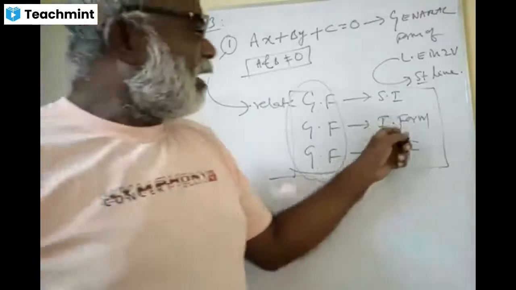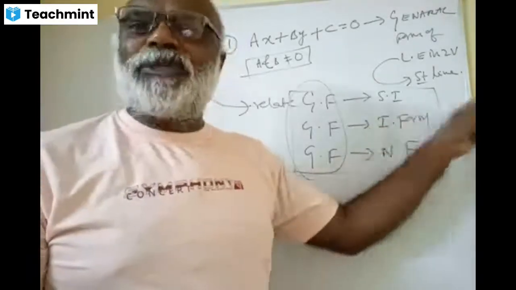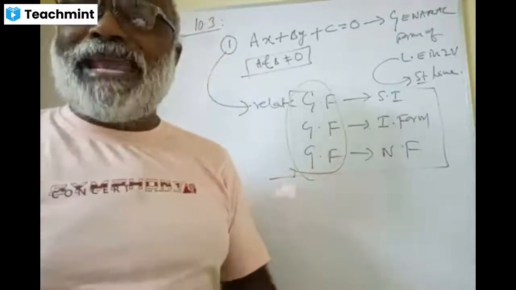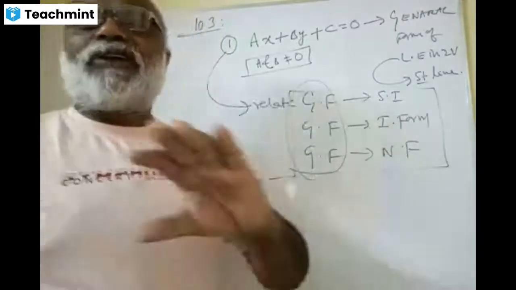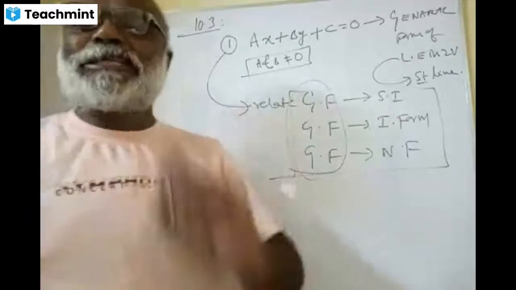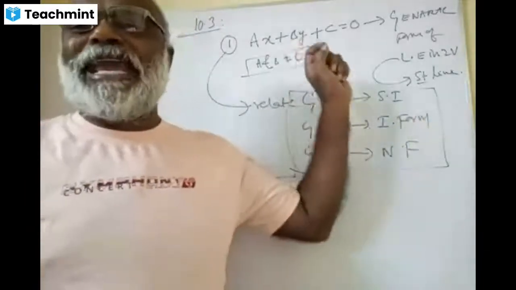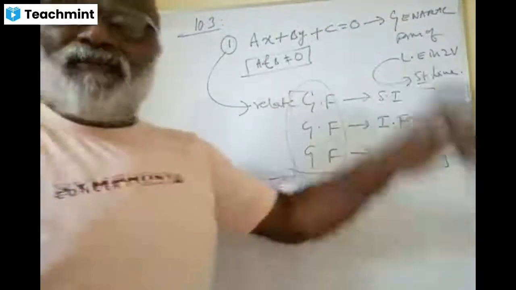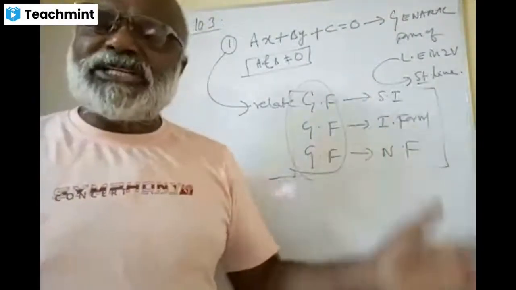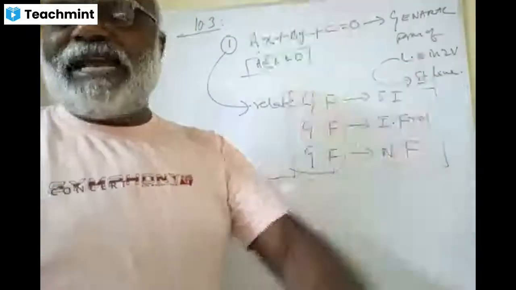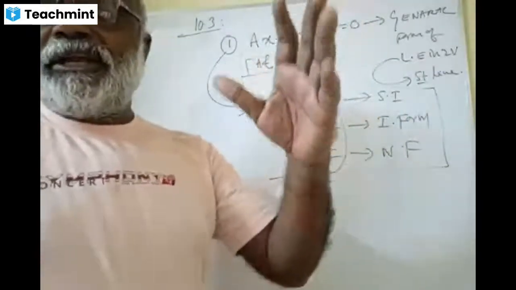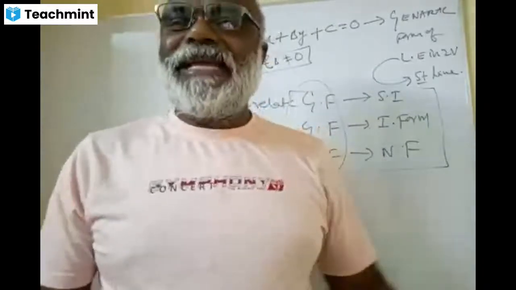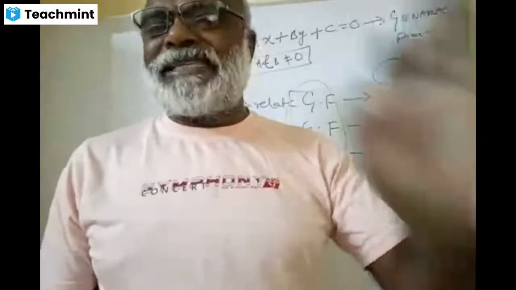Then here x by a plus y by b is 1. Small a is called the x-intercept and small b is called the y-intercept. We are going to transform this small a and small b in terms of big A, big B, big C. Then the normal form: we are transforming this cos alpha, sin alpha into big A, big B, big C. So this is the purpose now, friends.